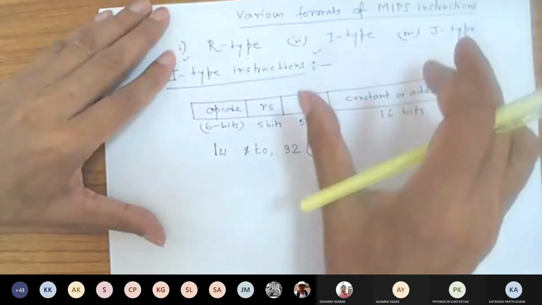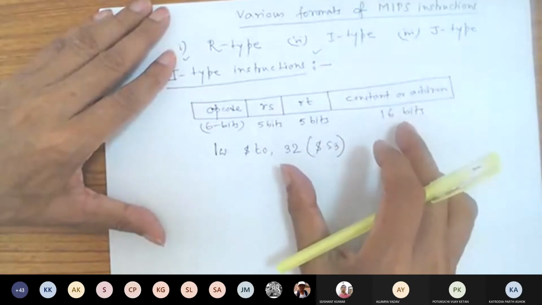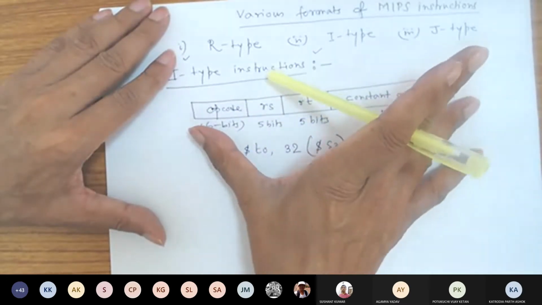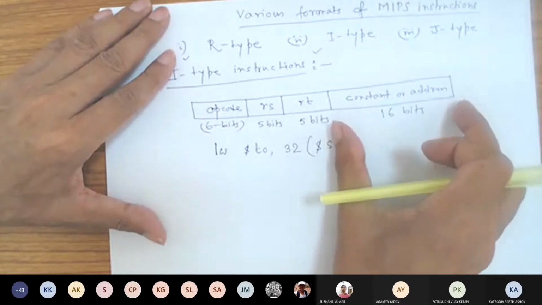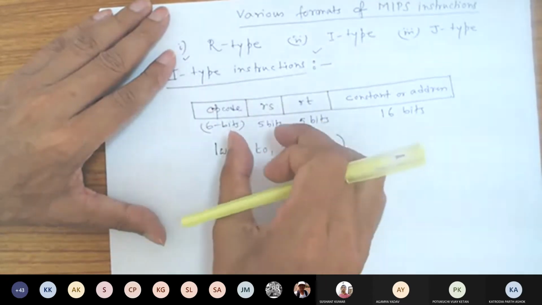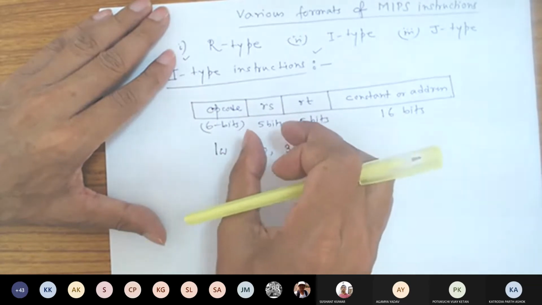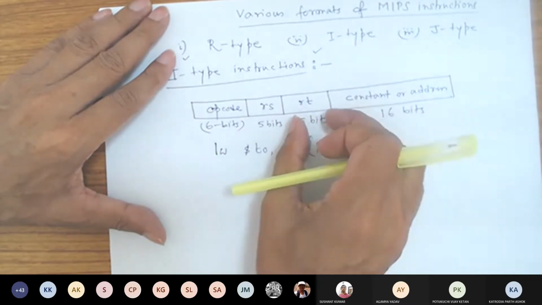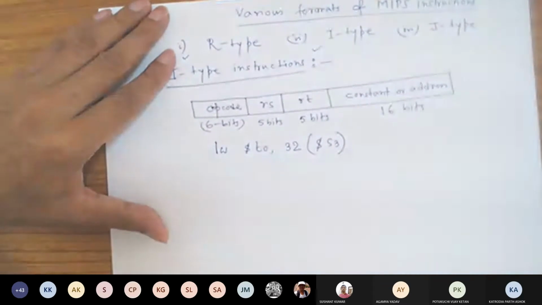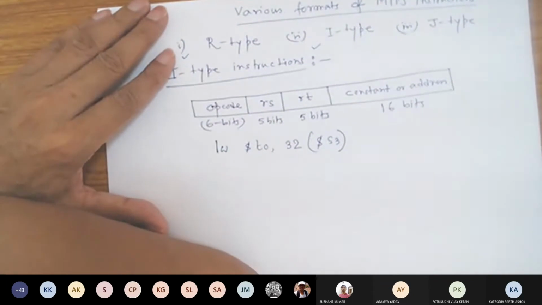It's a 32-bit architecture, so one word means 4 bytes, and your instruction is already 32 bits. You have already reserved 16 bits for constant, 6 bits for opcode. So you cannot allocate more than 5 bits for the source register and another 5 bits for another source register or destination register, whatever you call it.